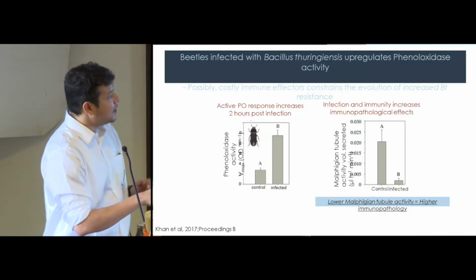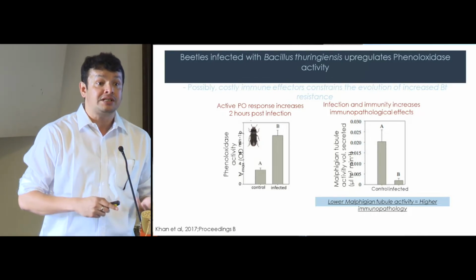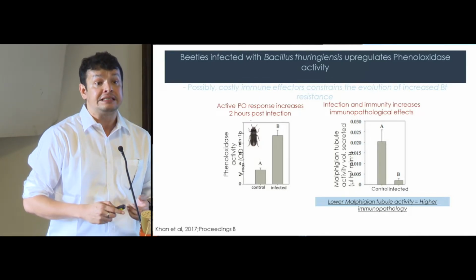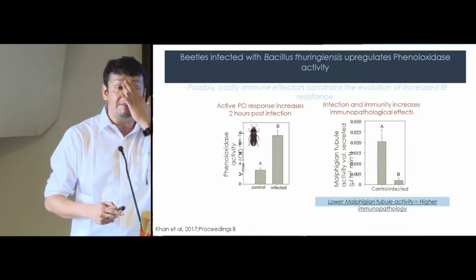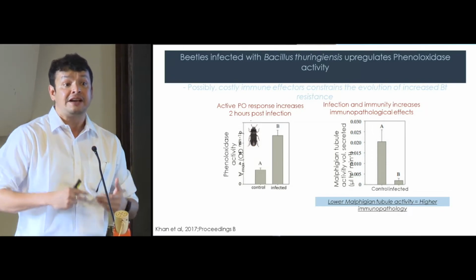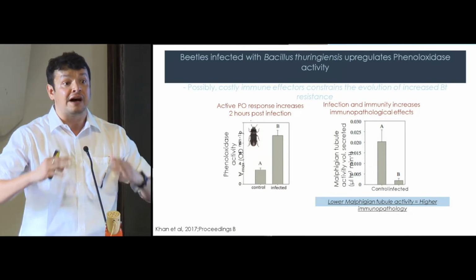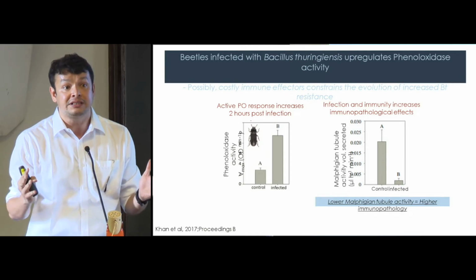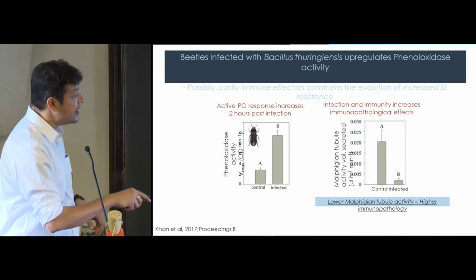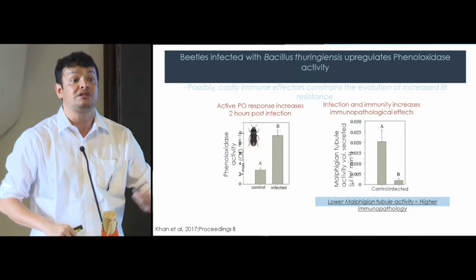So, now the question is, why did the population infected with Bacillus thuringiensis not evolve resistance? We have been finding very thoroughly that whenever beetles or insects are infected with Bacillus thuringiensis, as I said, they are likely to induce fast-acting toxic immune responses, and that's exactly the case. We find that compared to the control, the infected beetles have a higher phenoloxidase activity.